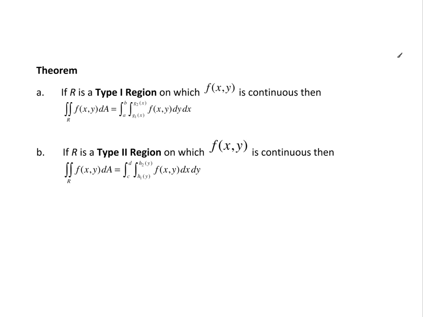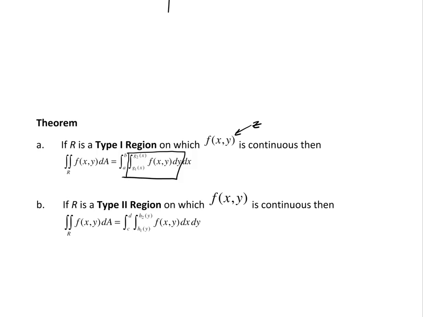So, if we have a type 1 region, and our surface f of x, y, that's what we're thinking of as being z, is continuous, then the integral of the surface over this particular region is equal to the integral from a to b, then the integral from g1 to g2 of f of x, y, dy, dx. So I'm going to integrate first with respect to y from g1 to g2.